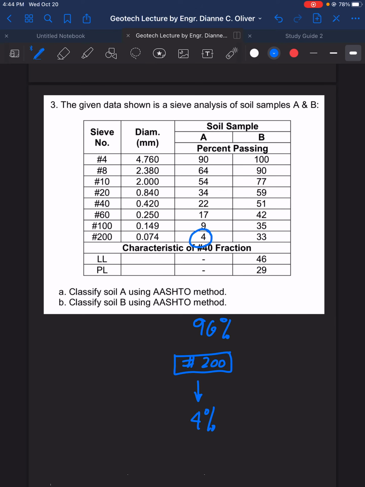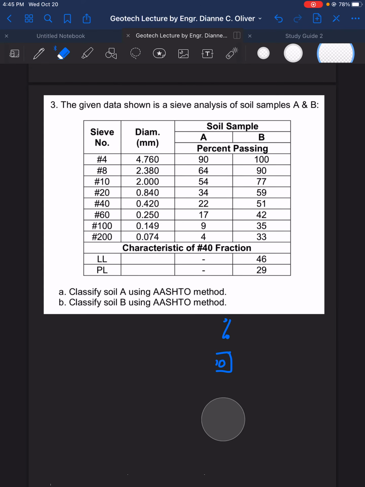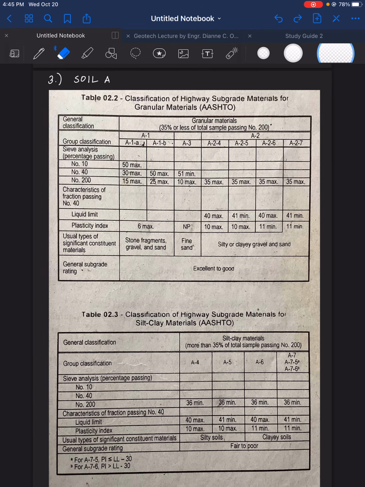What can you conclude from this figure? We can conclude that the soil sample is in the granular classification, on the coarse-grained side. So only 4% passes the number 200.